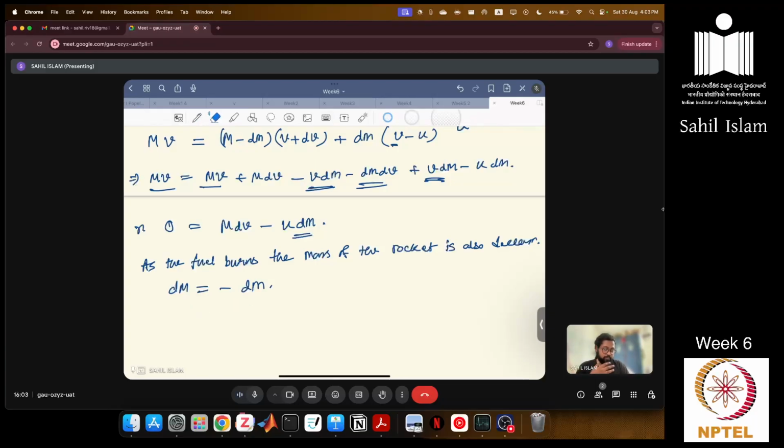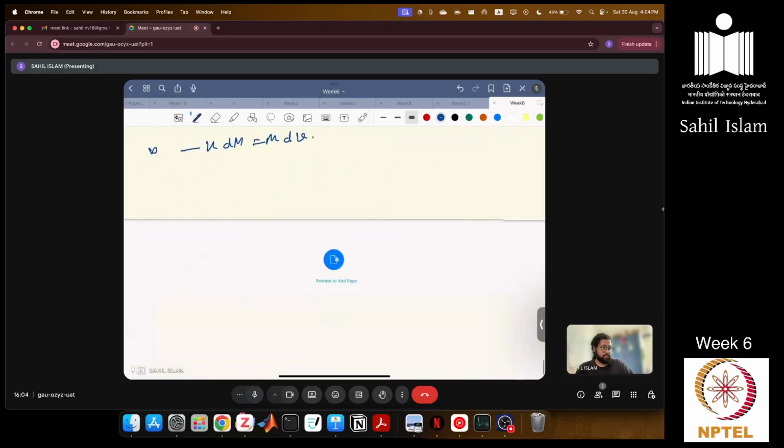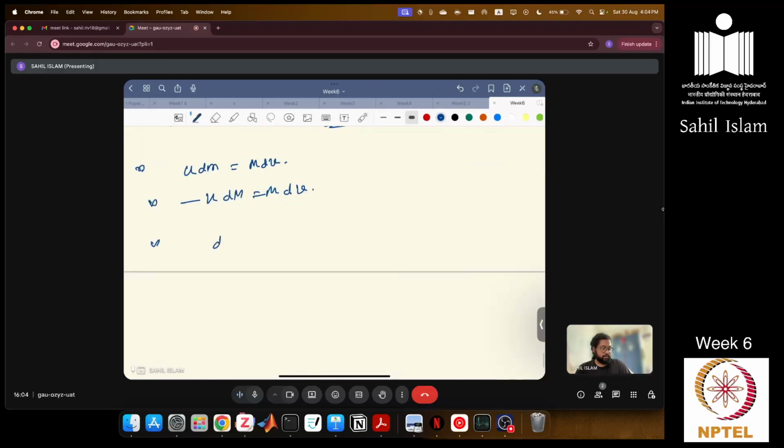Whatever fuel has burned, that much mass the rocket has lost. So we can write dm equals minus dM, capital M. So we get u dm equals m dv, so minus u dM equals m dv. Fine. So dv becomes minus u dM by M.